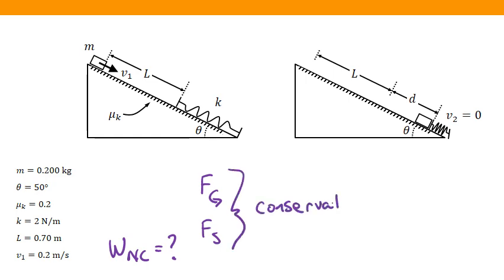These are conservative forces, not non-conservative forces. And so the work done by them is already taken care of when we defined our potential energy. So we're going to want to find out what the forces on our system are, but we don't want to worry about the gravitational force or the spring force.